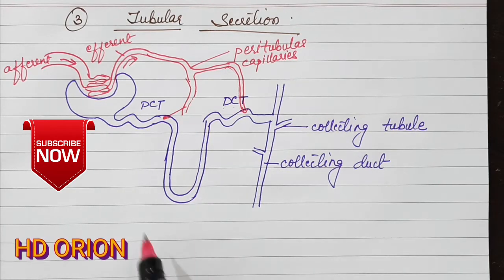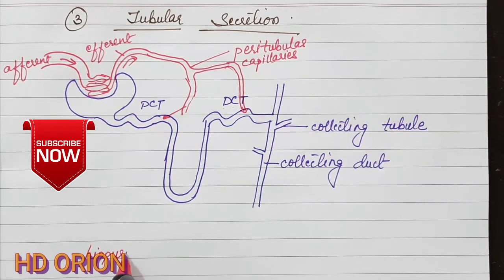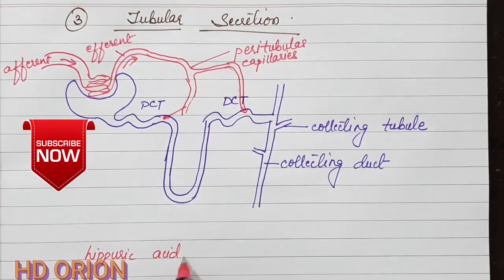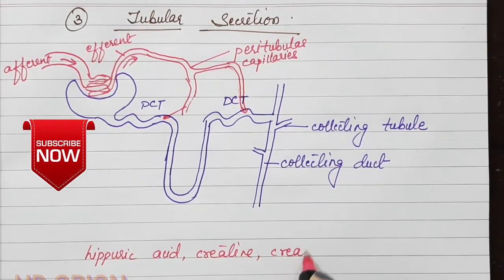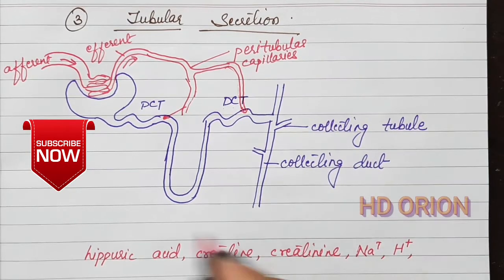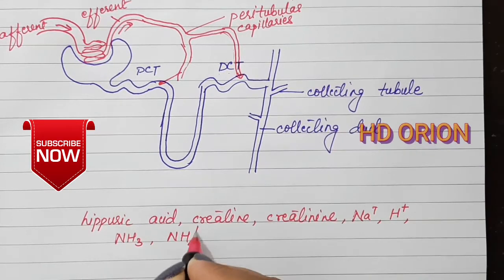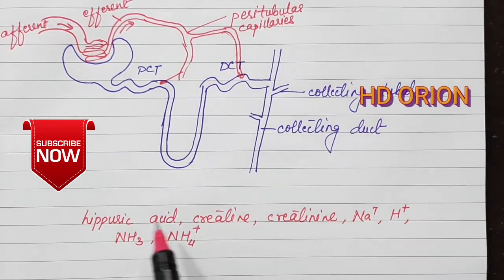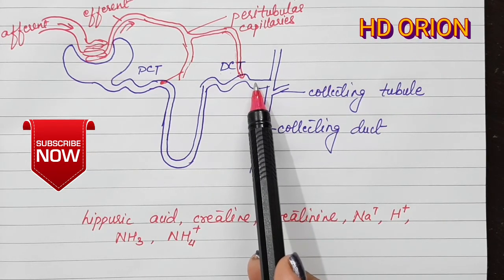So what are all the wastes? As earlier also I discussed, these are hippuric acid, creatinine, excess amount of sodium ions, and many more ions which are not required, especially the hydrogen ions, ammonia, ammonium ions, etc., which are secreted, and then the fluid is rendered as urine.